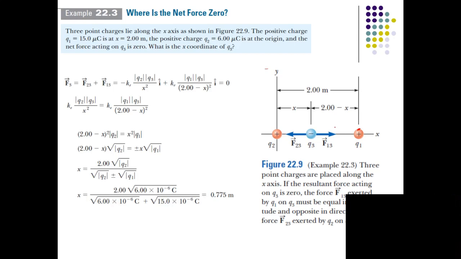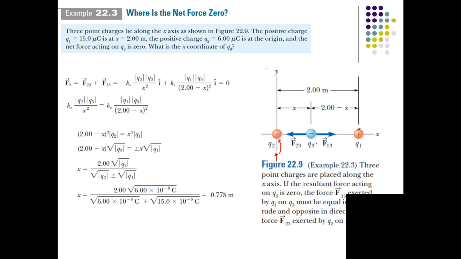The positive charge Q2 is at the origin, so the origin is located here. Q2 is equal to 6 microcoulomb, at the origin, and the net force acting on Q3 is 0.